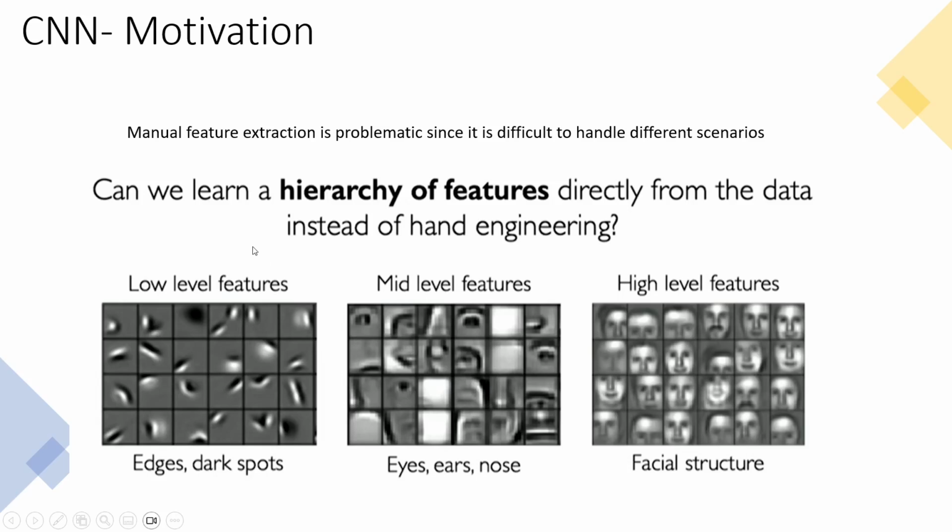So let's say we would like to solve a face recognition or face detection problem. The neural network creates a set of low-level features, then combines these low-level features into mid-level features, and then combines these mid-level features into more high-level features, and it solves the problem.